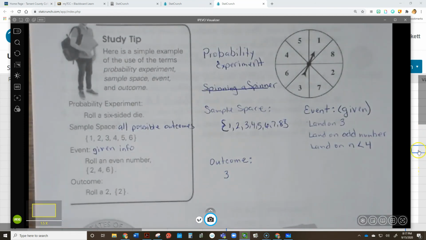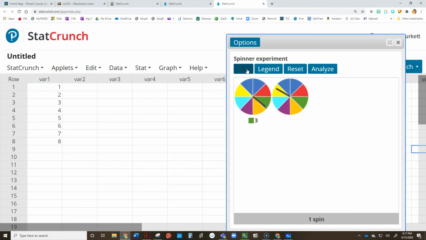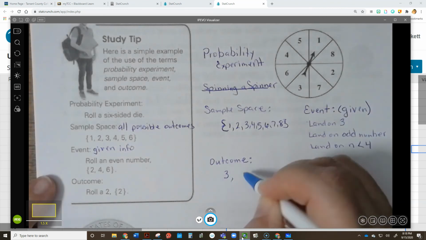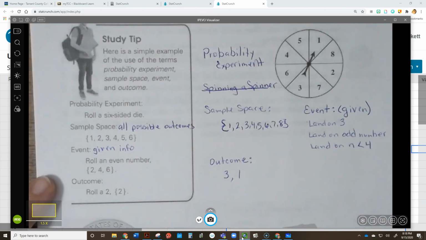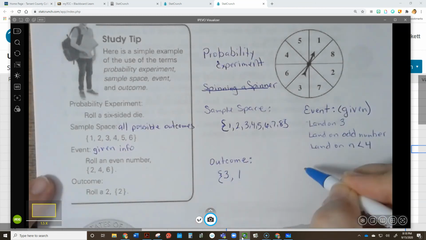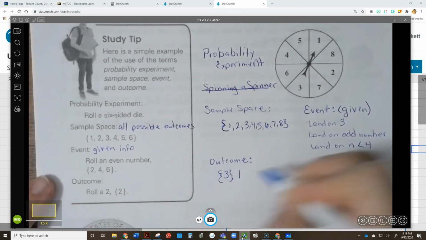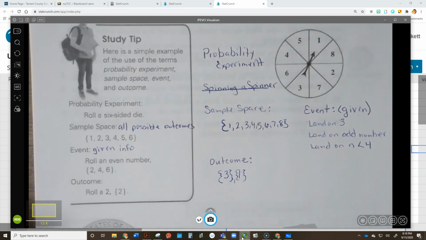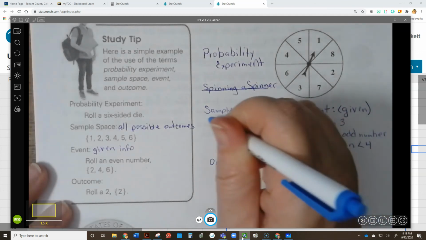If you want to spin it again, spin it again. This time the outcome was a 1. So a separate outcome would be a 1. If we spun it 2 times and we listed both of the outcomes, that would be it. Or we could separate them and say it was just the outcome. And don't laugh at my little bracy things. It's very simple. It's not complicated stuff here.